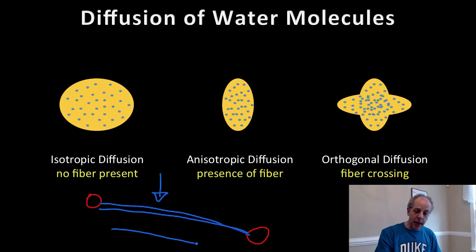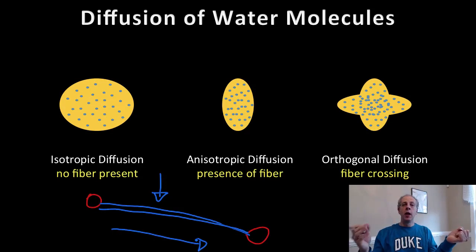Now, if I try to make it go in this direction, then it will actually move in a much easier fashion. So if there is a presence of a connectivity in a given direction, we can try to push the water in different directions, and according to how successful we are in pushing that water, we can infer the direction of these bundles and then basically the connectivity of different regions in the brain.